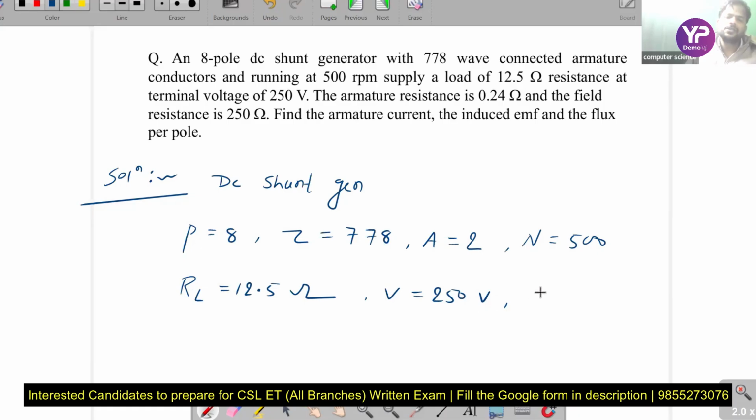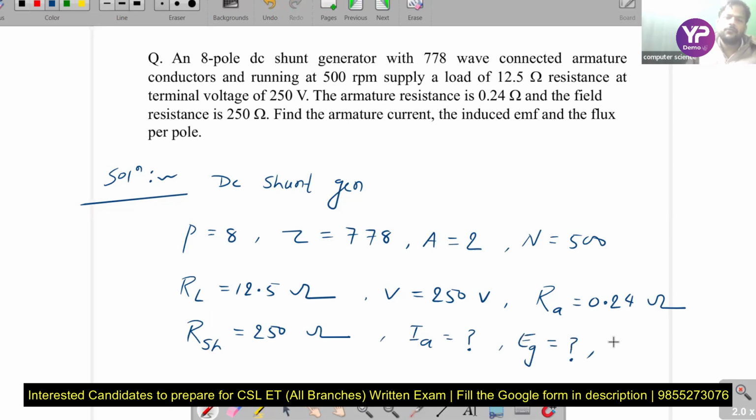The armature resistance is 0.24 ohm and the field resistance RSH is 250 ohm. Find the armature current, induced EMF and flux per pole.